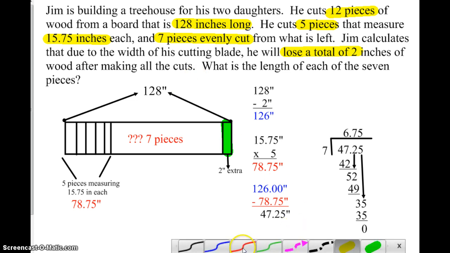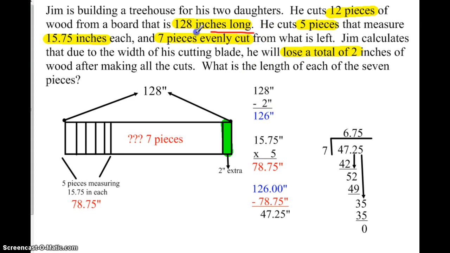So what we are actually looking for is this. That's what our goal is to find out. So my tape diagram that I gave you represents the whole, okay? The whole is 128 inches. That's where I get this from. He cuts it into 12 pieces.